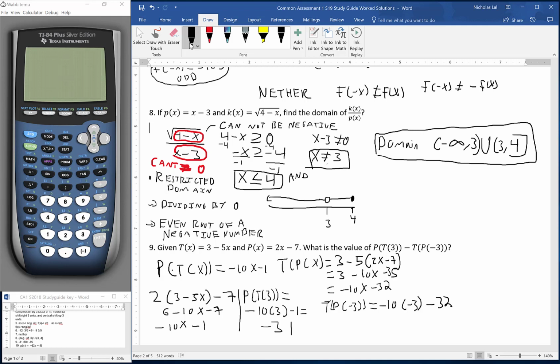So negative 10 times negative 3 is positive 30 minus 32. That's equal to negative 2. Let me check this out again. So this becomes negative 10x minus 32, so it becomes 30 minus, it becomes negative 32.